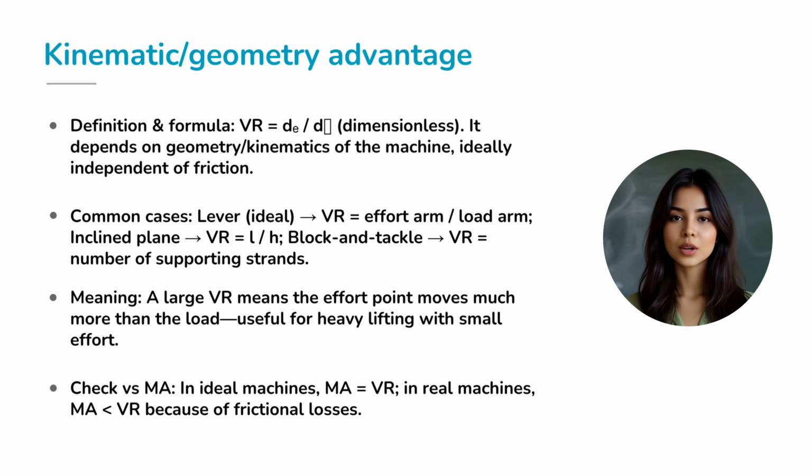When comparing velocity ratio to mechanical advantage, an ideal machine has its mechanical advantage equal to its velocity ratio. In a real machine, the mechanical advantage is always less than the velocity ratio because of frictional and other energy losses.